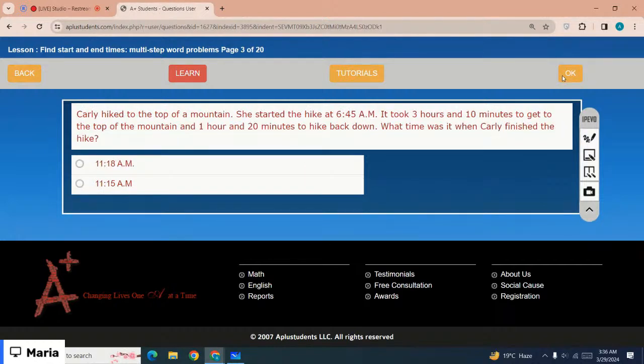Carly hiked at the top of a mountain. She started to hike at 6:45. It took 3 hours and 10 minutes to get to the top of the mountain and 1 hour 20 minutes to hike back down.